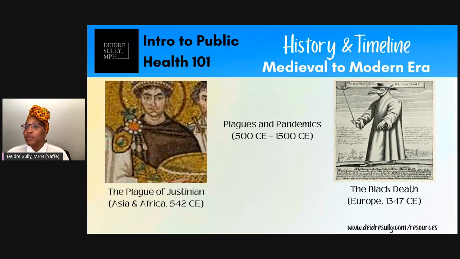And sometimes that's what has to happen. But the third plague pandemic actually made its appearance closer to the 19th century in Asia, in India. So it's not totally a dead disease. It's still around, but it's not as prevalent as it was during those times.